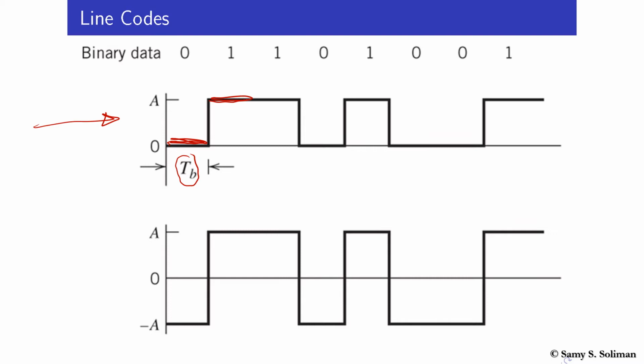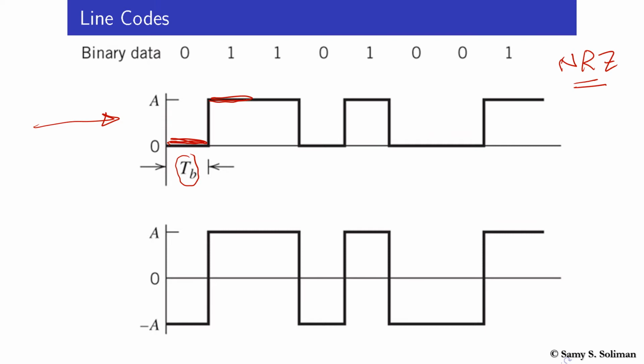That's why we call this non-return to zero signaling, which means that, for example, if we are representing bit 1 with A voltages, we keep representing the bit with A voltage for the whole TB duration. We do not represent it for example, half TB and then return it to 0. That would be return to 0 signaling.